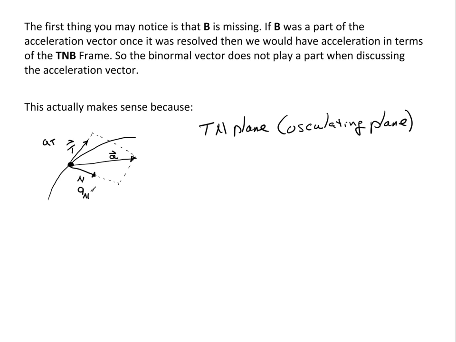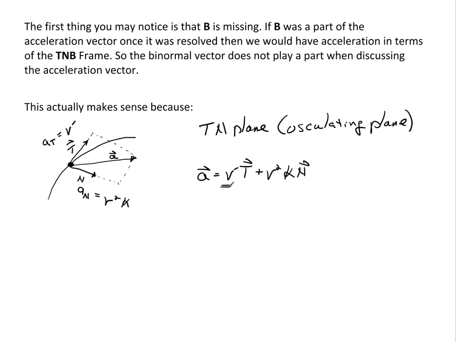That means a sub T equals v prime, not a vector, right? And a sub N equals v squared kappa. Because remember, acceleration equals v prime T plus v squared kappa, where kappa is the curvature, N.